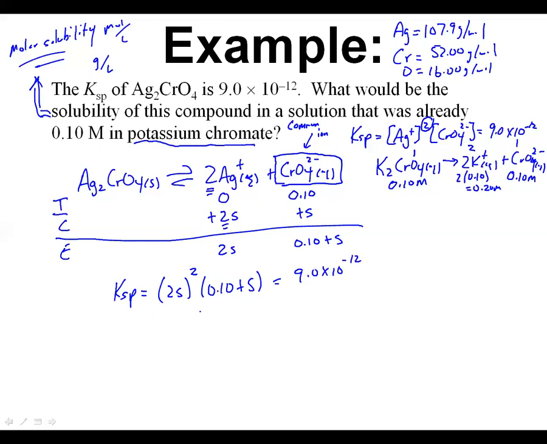Again, on these Ksps, it's a pretty good idea to assume that s is equal to 0 in this sort of situation. Again, only going to be the s we're adding, so we're going to get rid of that s. That will then leave us 2s squared times 0.1 equals 9.0 times 10 to the -12. Going to do a little bit of math there. So again, you want to make sure that you square the number in addition to the s so you don't miss it.